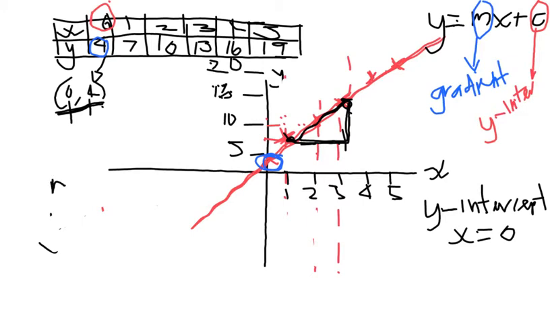So our m value, we know, is rise over run. How do we find the rise over run? Well, the rise is the change in the y values of the 2 points. What is our run? The change in our x values.